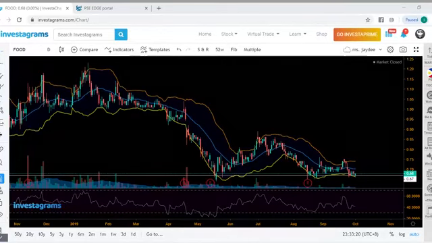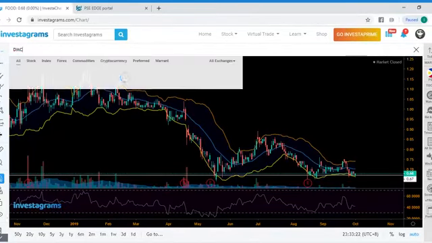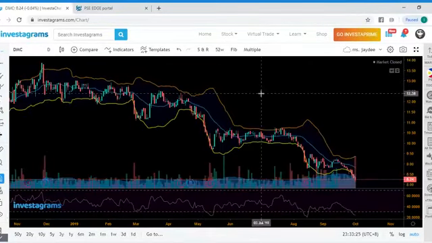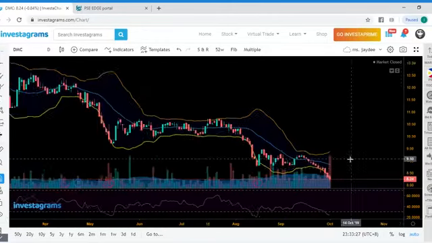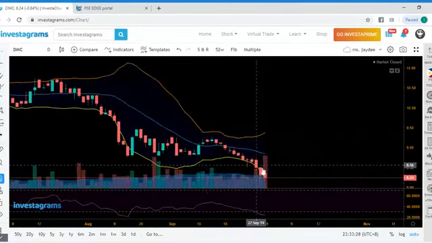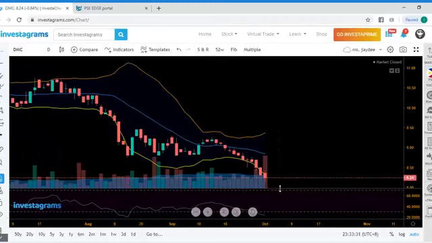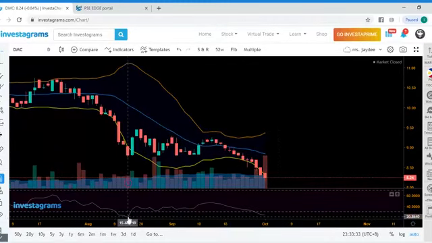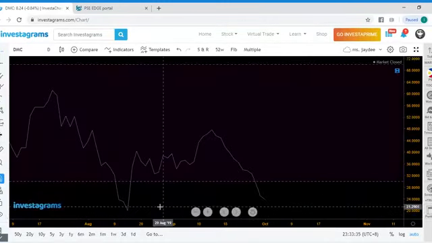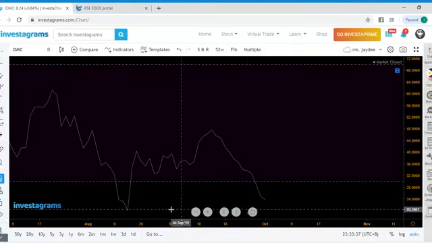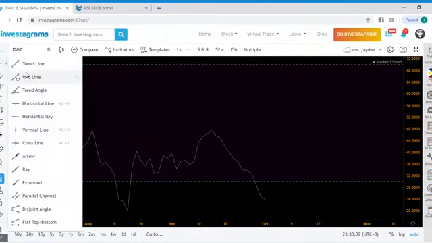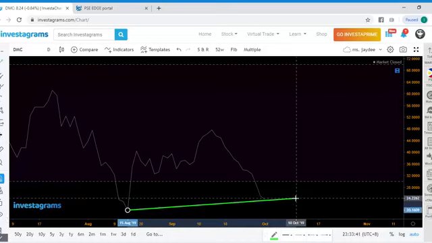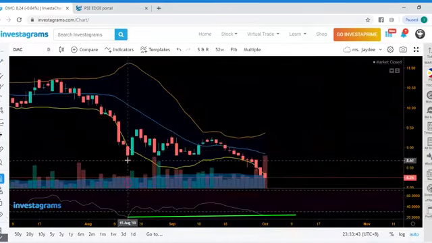The next one is DMC. For DMC, another case of triggering the lower Bollinger Band, and we are not yet super safe. Even though you see that this is much higher than this point over here, we're still not safe.